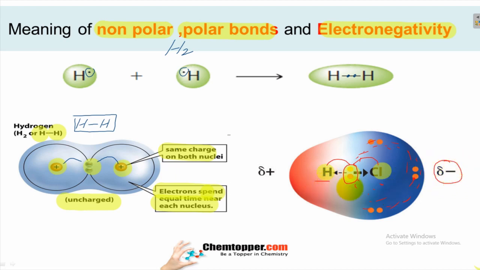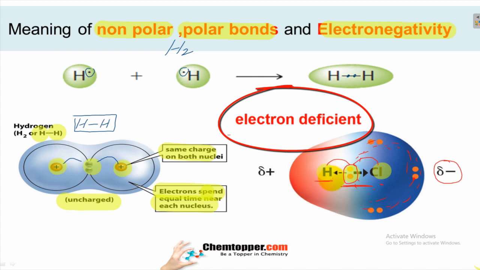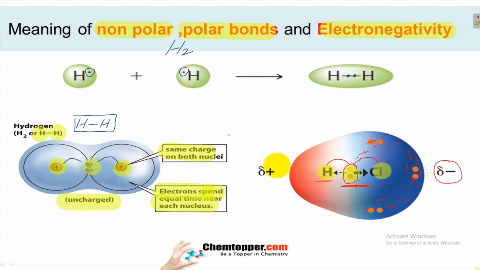As the electron density moves away from the hydrogen nucleus, it has become electron deficient and acquires a partial positive charge. This results in the charge separation in the chemical bond of hydrogen chloride molecule.